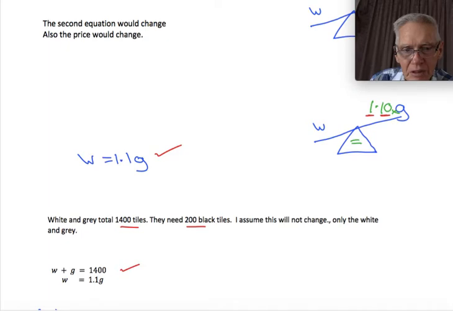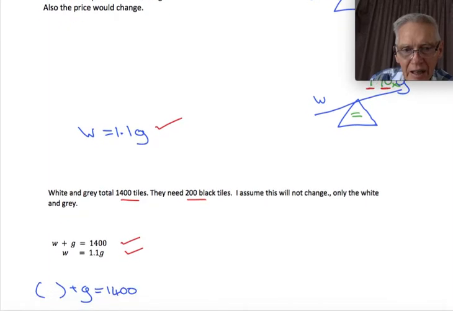So we've got white and grey, and we don't know how many of each. Sorry, the white plus the black equals, oh no, that's right. White and grey equals 1,400.